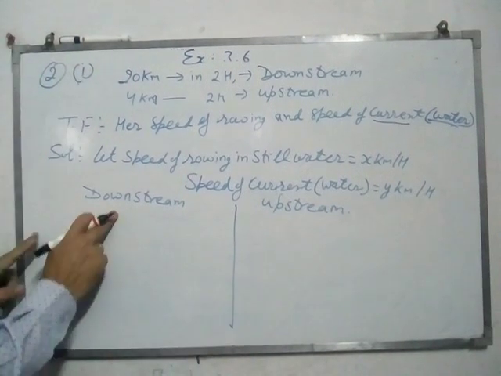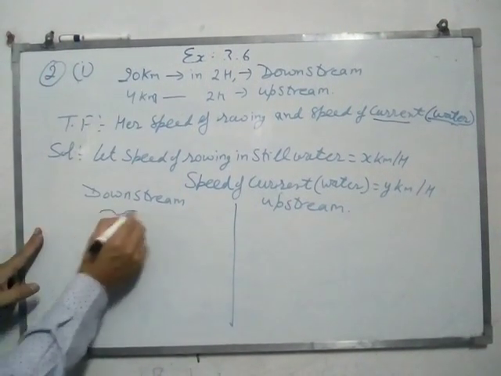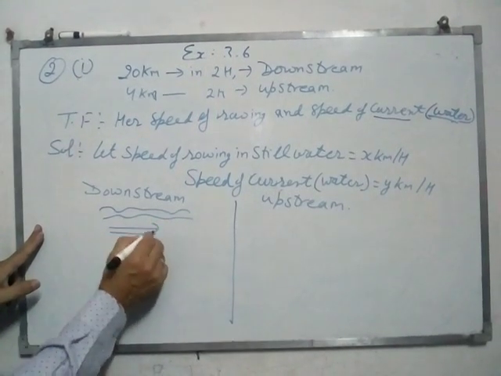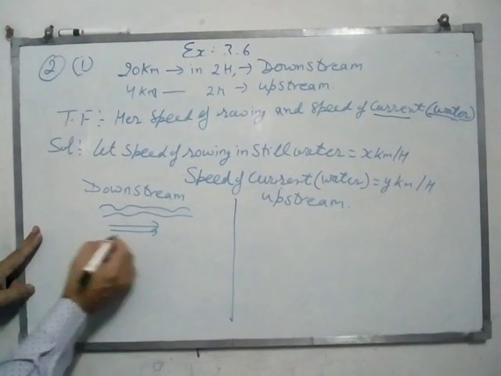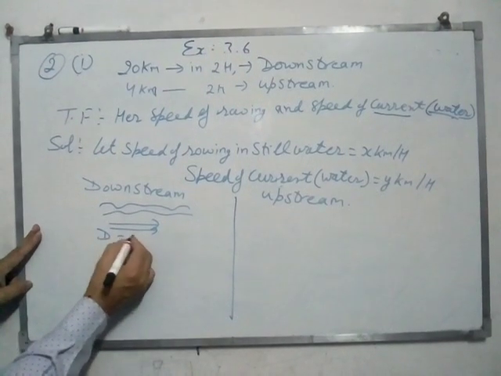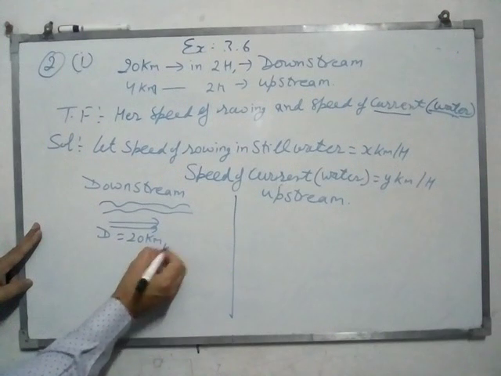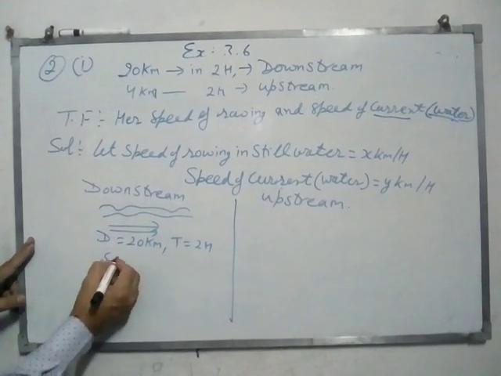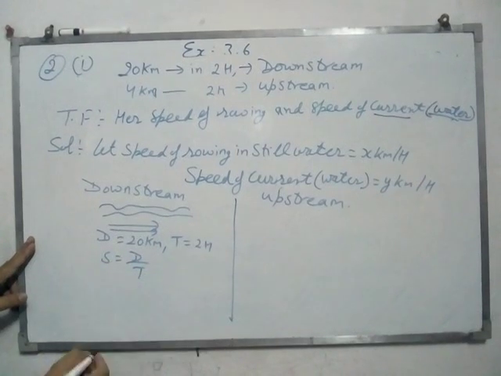In the downstream, she covered a distance. Downstream means the water is moving in this direction, and she is also moving in the same direction. Right? So the distance she covered is 20 kilometers, and the time is 2 hours. We know that speed equal to distance upon time.